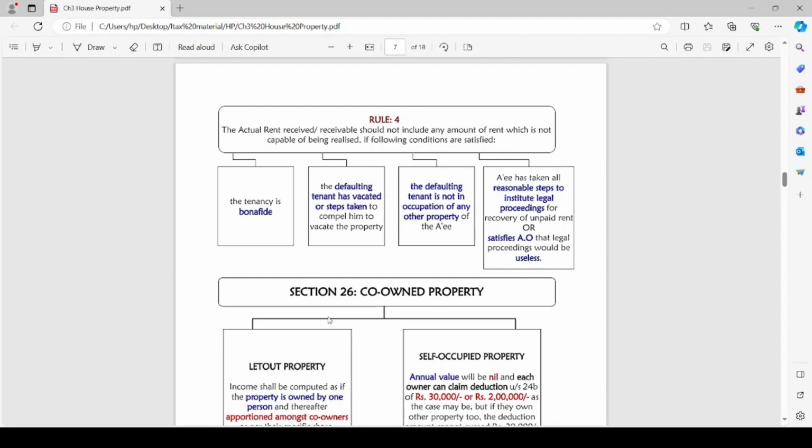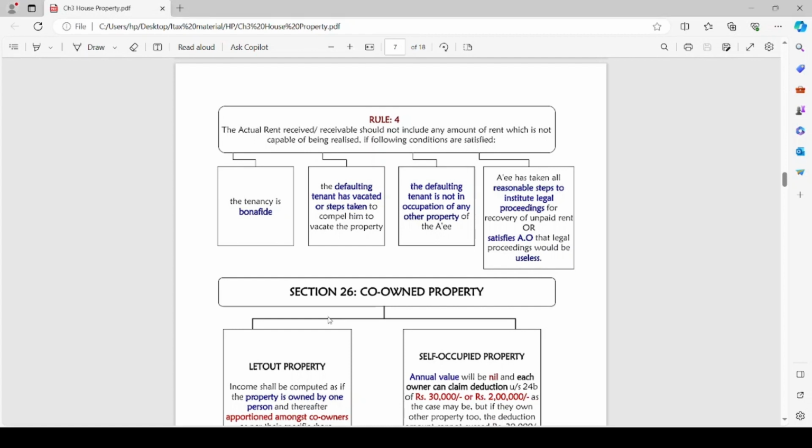It may be for 1 month or few months or few years. In such a case, while computing gross annual value, the assessee cannot include such amount which is due from the tenant, but there are few conditions for excluding such rent which is not capable of being realized from the tenant.